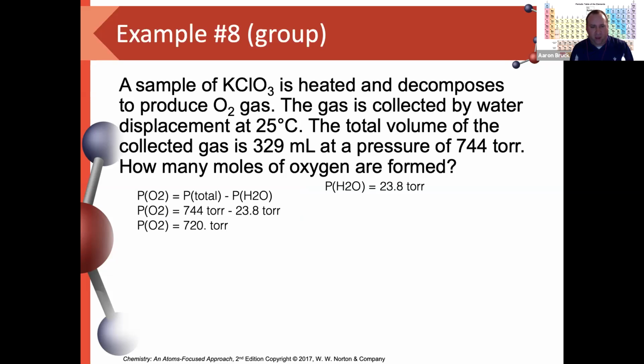Now that we have that information, once again, we're presented with a pressure, a volume, and a temperature. 3 of the 4 parameters are known, so the ideal gas law can help me to figure out the one that I'm looking for, and that's the number of moles. PV is equal to nRT. My pressure is 720 torr. My volume is 0.329 liters.